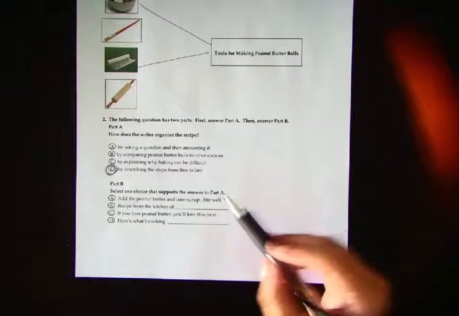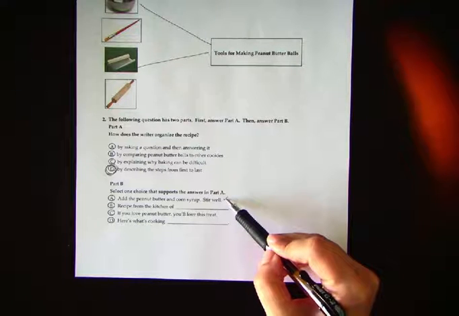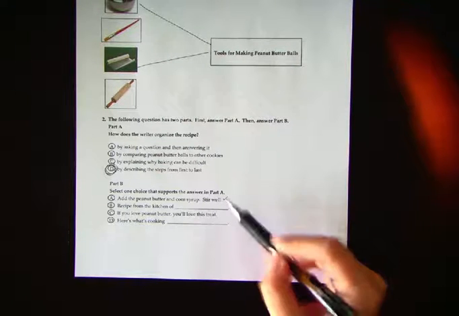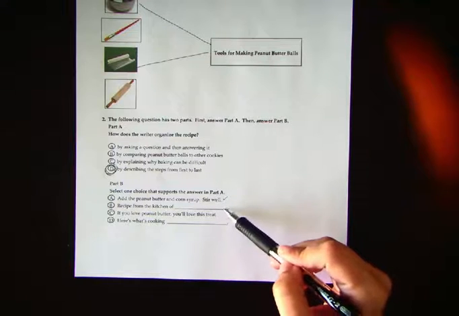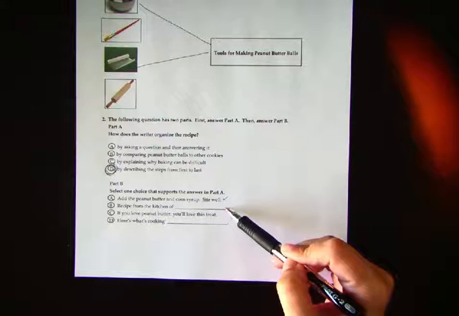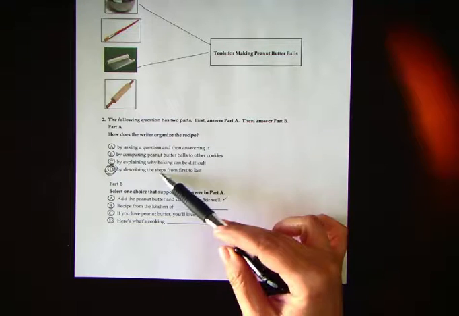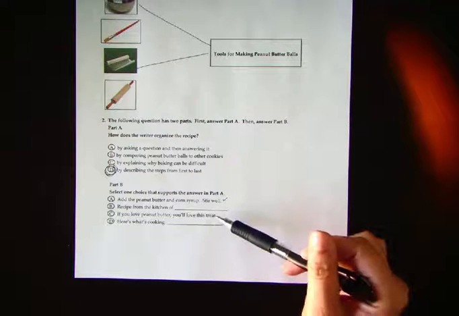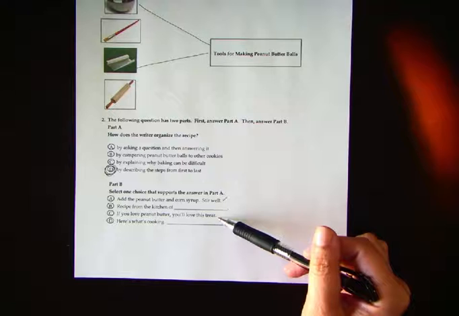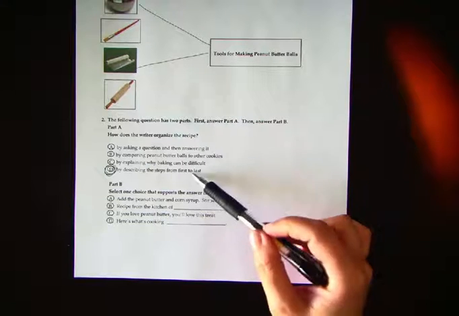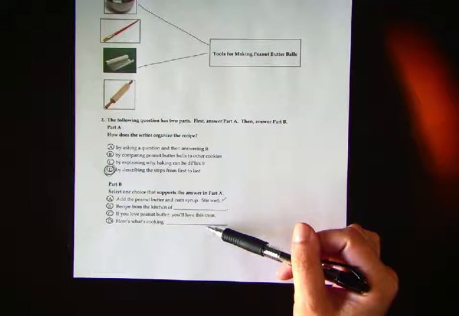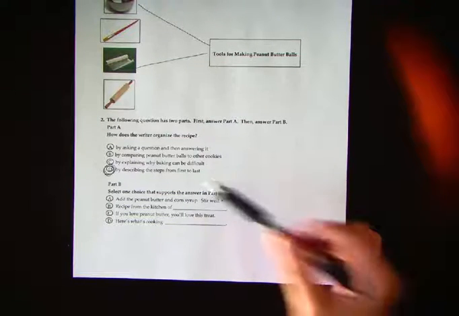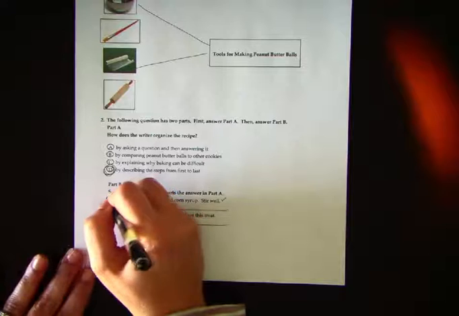So I'm going to put a check mark because I think that could be an answer, but I want to read my other choices first. I want to reread them. So I have a recipe from the kitchen of, that doesn't tell me a step. If you love peanut butter, you'll love this treat. That doesn't tell me a step. Here's what's cooking. And that doesn't tell me a step either. So I was right. It is A.